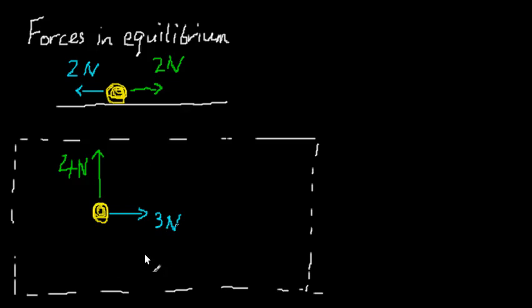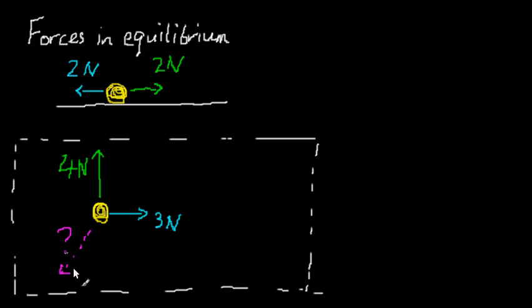So the question now is, if I want to apply another force to balance those two, we can roughly guess that the force must be in roughly the opposite direction, maybe somewhere there, and it must be some value. Not exactly sure what direction and what value.